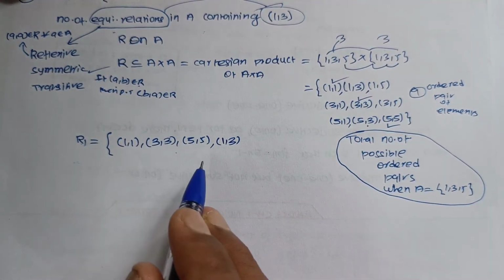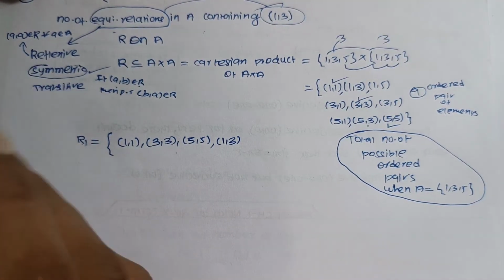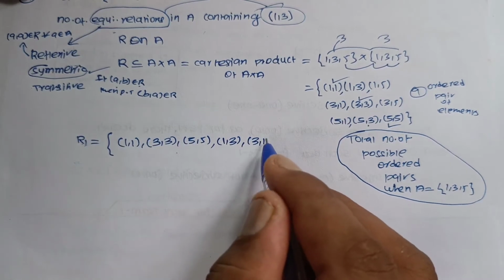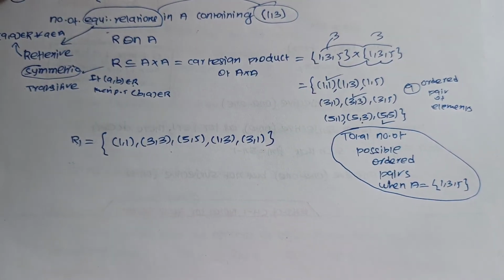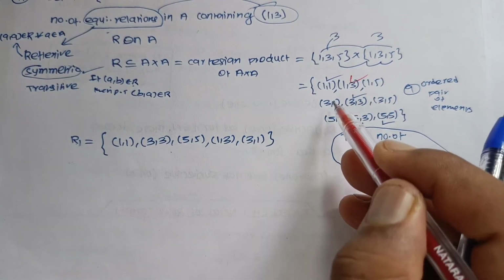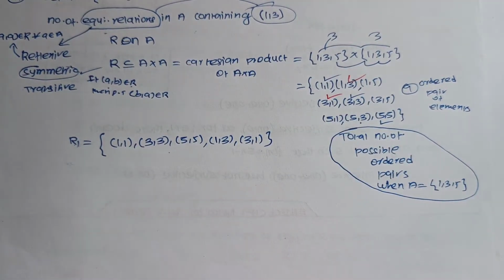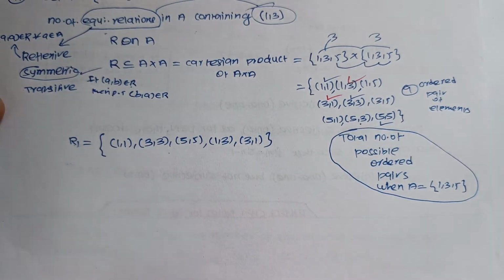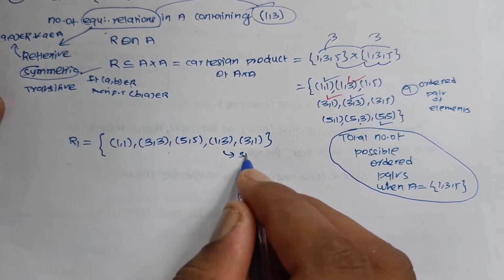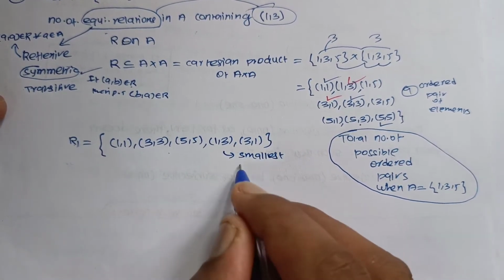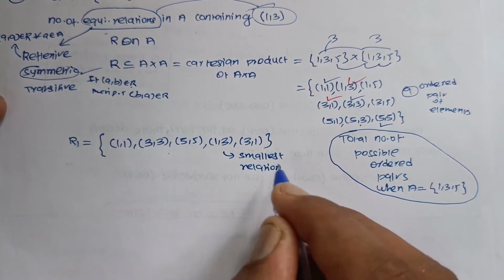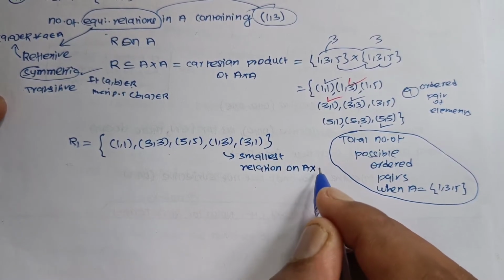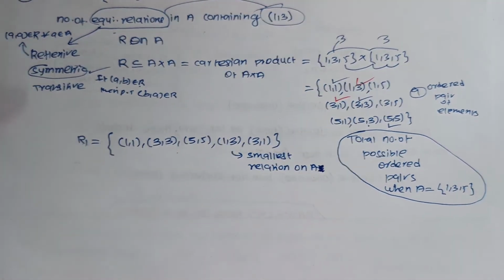To prove symmetric we need (3, 1) also, so we include (3, 1). Consider this as the first equivalence relation, the smallest relation on A.